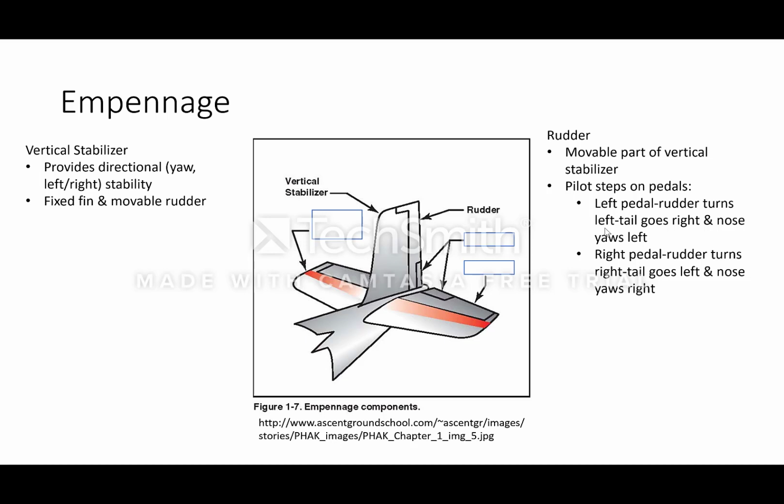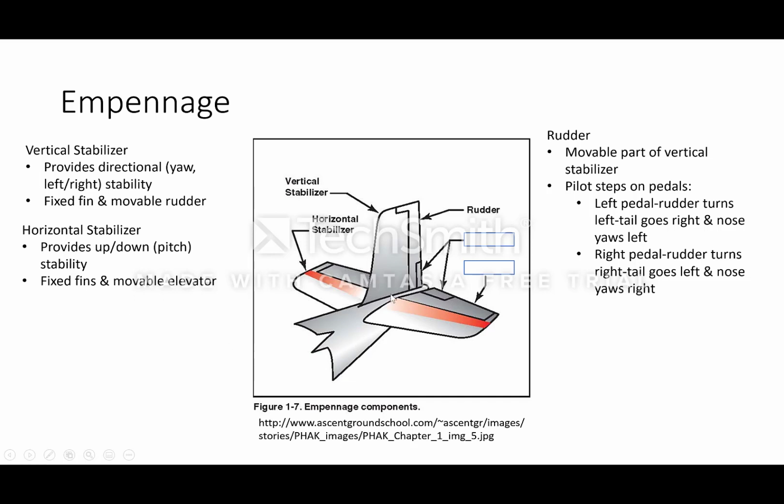So if the tail, the back end of the plane, goes to the left, the front of the plane has to go to the right because it's one solid piece. So that's how yaw is controlled with the rudder.